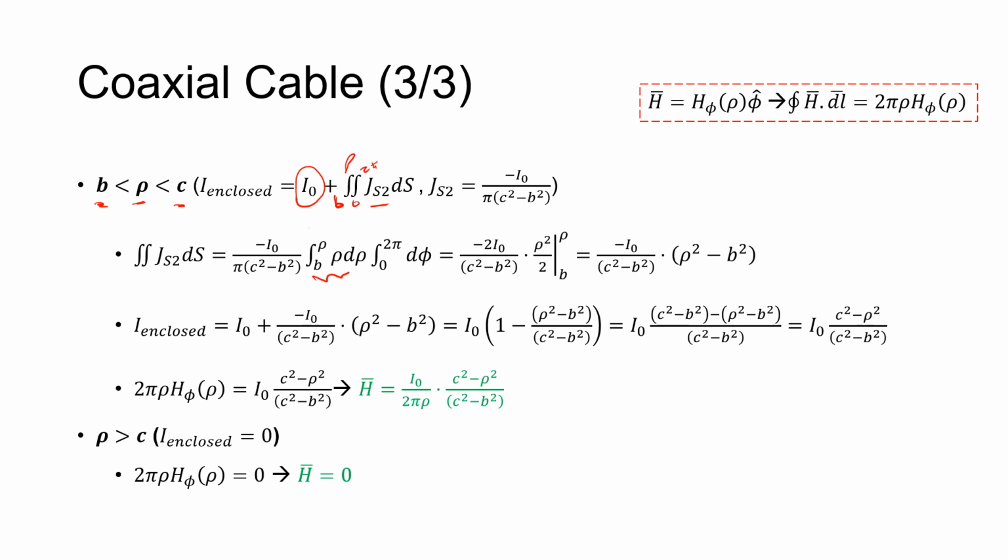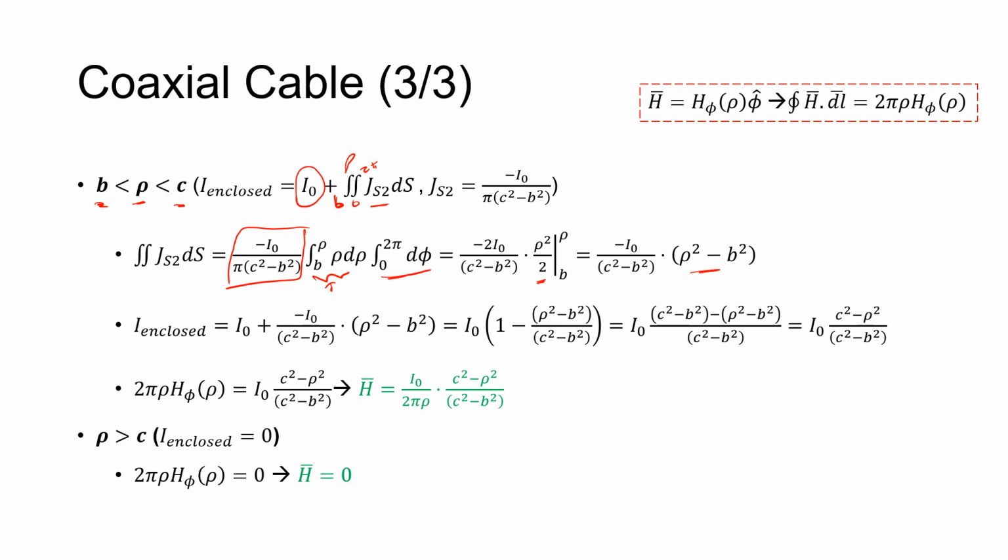We take the Js2 portion outside because it is a constant. Then you integrate again, and you will have rho squared over 2 for this integration. The 0 to 2 pi part is very easy. With some mathematical manipulation again, you will finally reach this value.